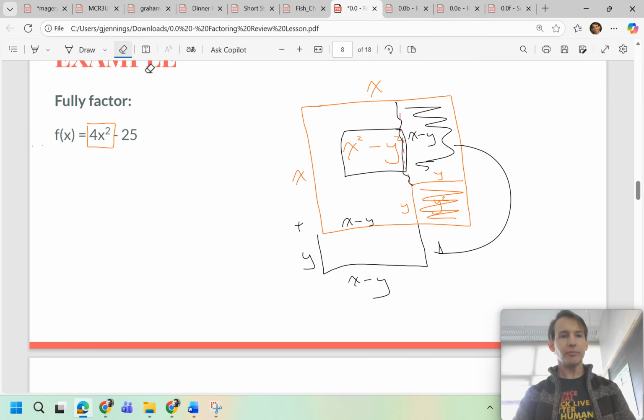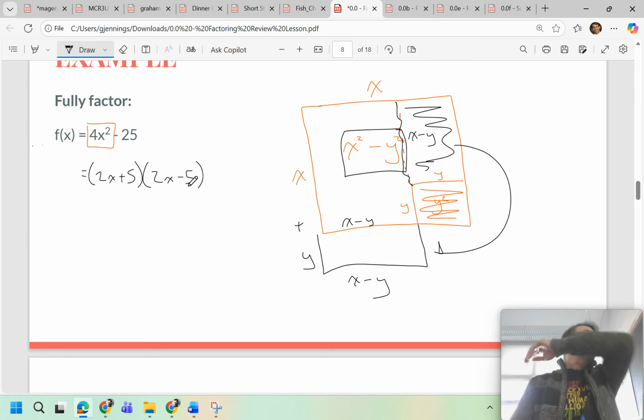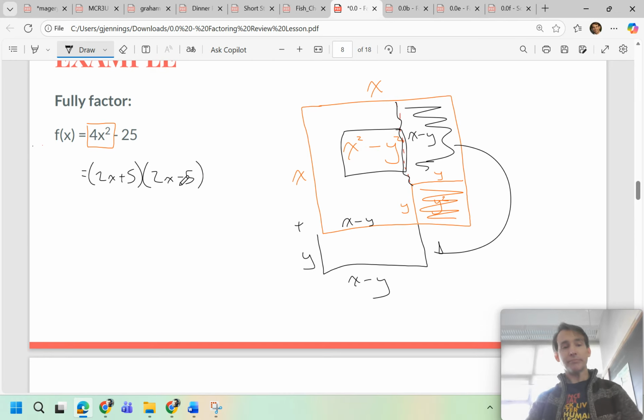So here, I factor into 2x plus 5 times 2x minus 5. It's better than it seems.